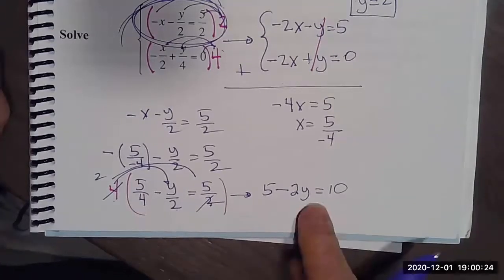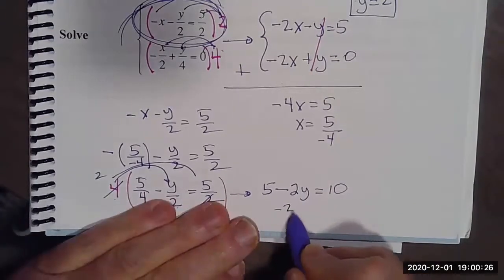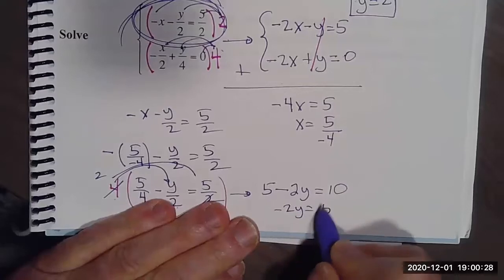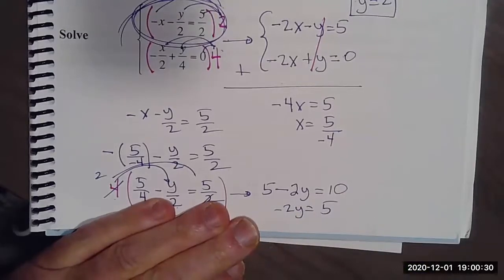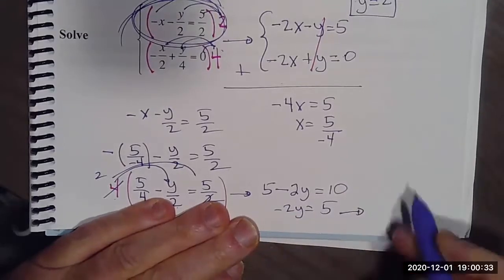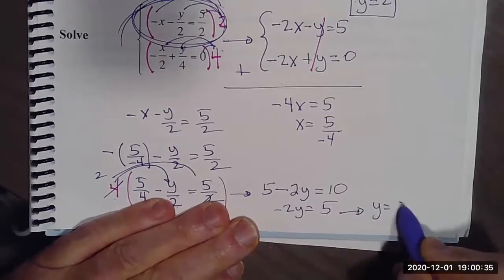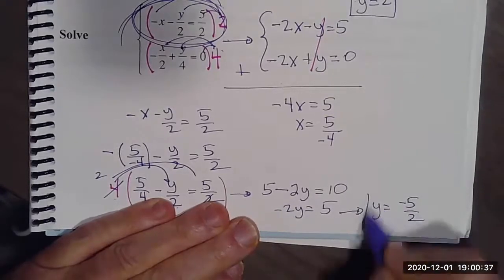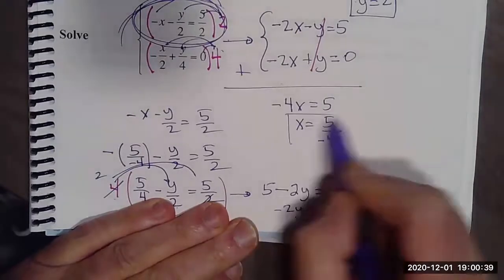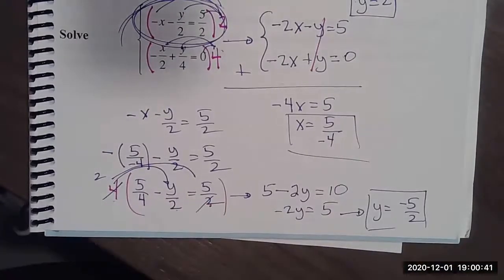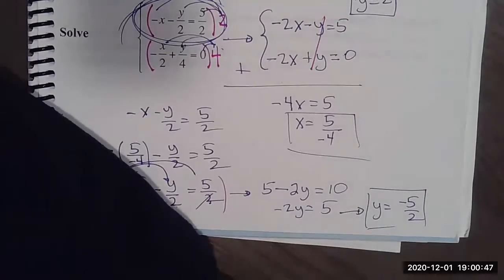But from here, it's not too bad. 10 minus 5 is 5. Divide by 2, so y is equal to negative 5/2. No, I am not going to check that. Checking is nasty. I'm going to trust that the algebra was okay.